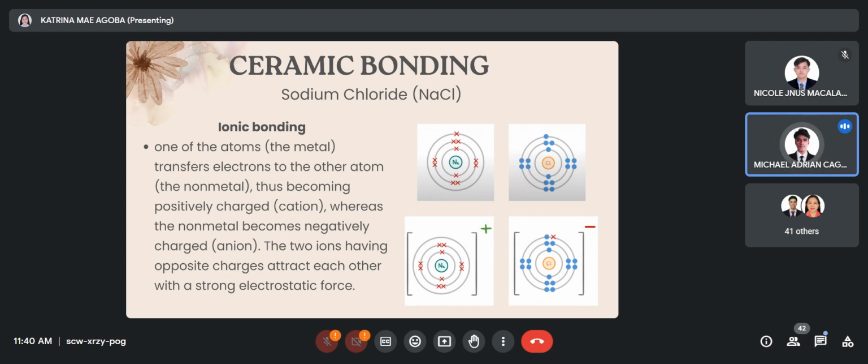Ibibigay lang po ni sodium yung extra niyang electron sa chloride para maging stable sila parehas. After that, the sodium will become positively charged and the chloride will become negatively charged. And since opposites attract, magdidikit po sila causing ionic bonding. Next po.